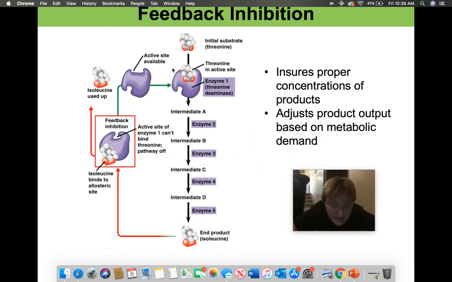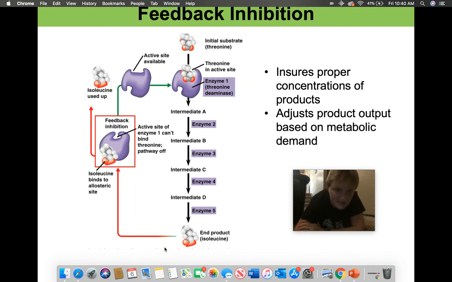So this is an example of threonine, which we want to turn into, in the end, isoleucine. So our cells constantly want isoleucine. We need isoleucine. It's an amino acid. So we turn threonine into isoleucine with 5 steps. Holy cow. Told you, it takes a lot of steps. But it turns out that we don't want too much isoleucine. And we do want threonine too.